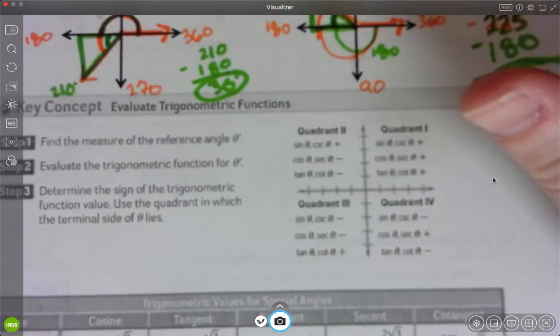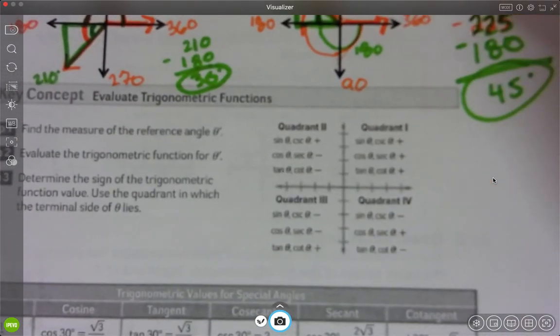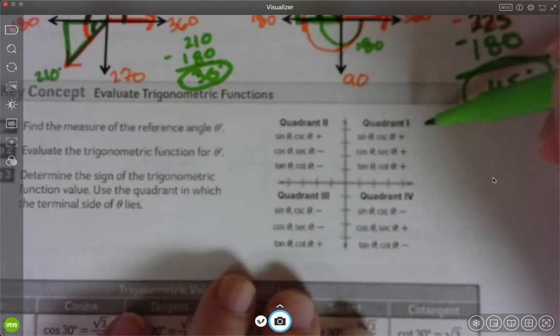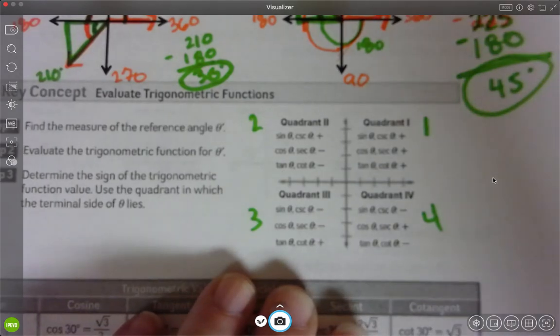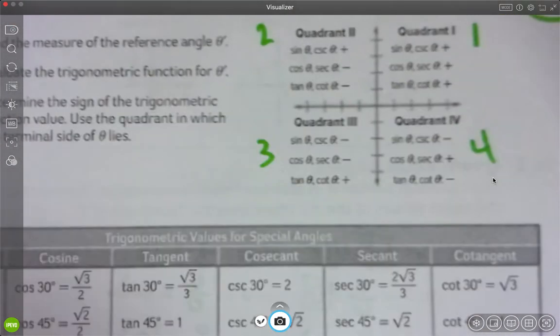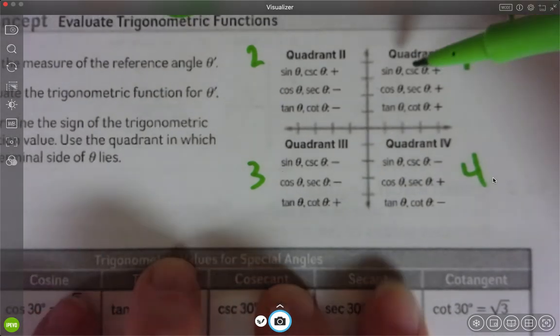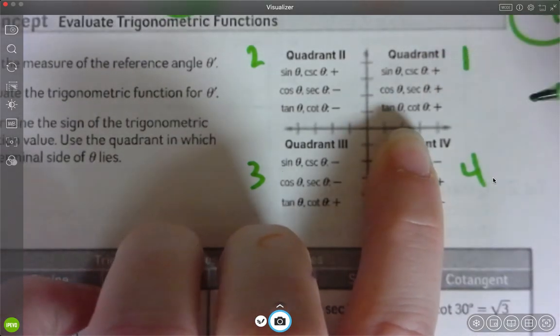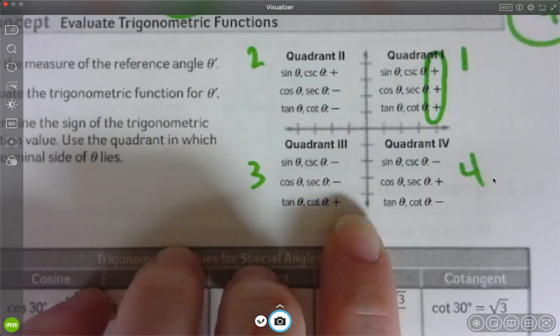Now they give us some more information down here where they talk about the different quadrants: quadrant 1, quadrant 2, quadrant 3, quadrant 4. They're talking about sine, cosine, and tangent, and their reciprocals. There are patterns for sine, cosine, and tangent. In the first quadrant, sine, cosine, and tangent are all positive.